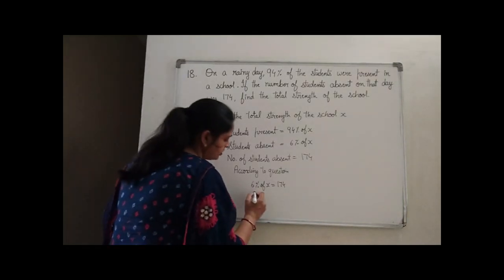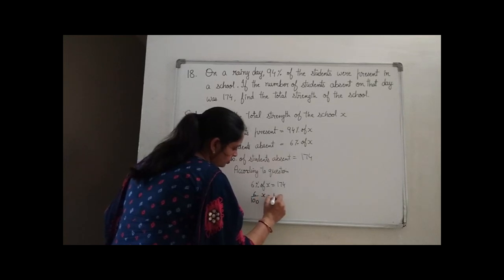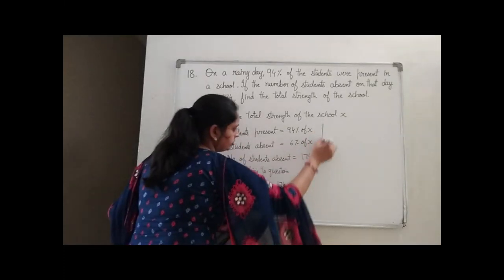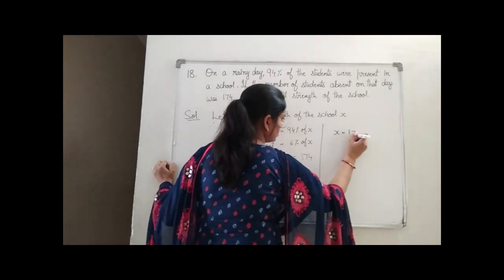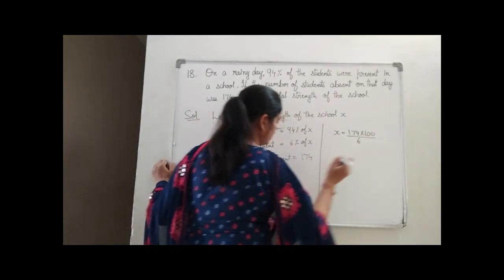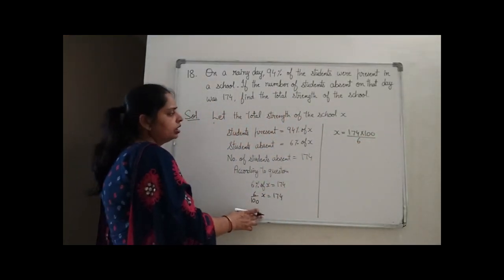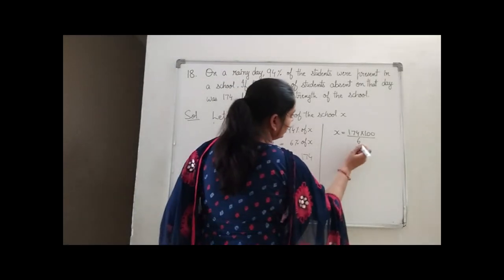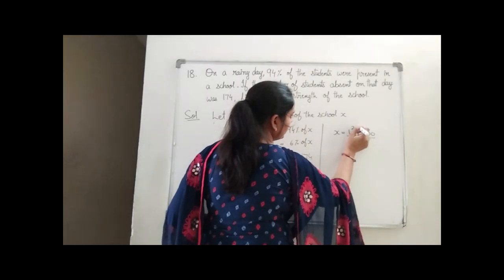So we are having 6% means 6 upon 100, x is equal to 174. That means x will be equal to 174 multiplied by 100 and divided by 6. Right? 100 will go in the numerator and 6 will go in the denominator. Right? So we are having 6 2s is 12 and 54 is left, so 9.